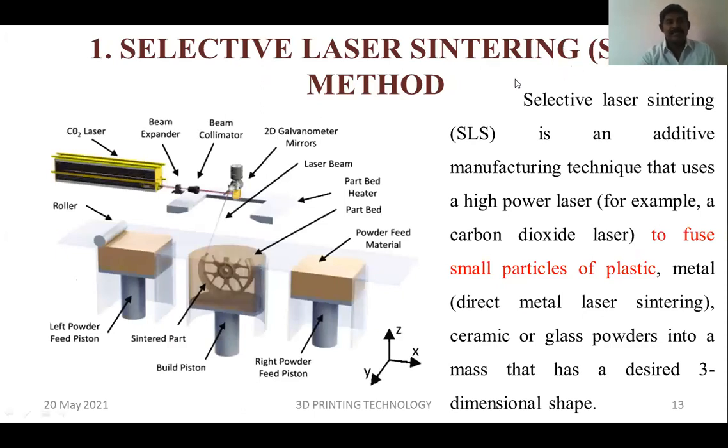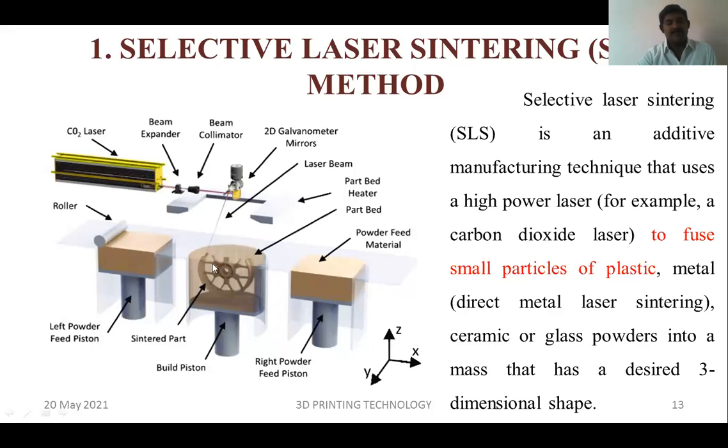So this is the selective laser sintering diagram. First there is a CO2 laser, and then a beam expander, collimator, and a galvanometer mirror. It is available, and a three piston arrangement is available here. What is the use of the three piston arrangement?